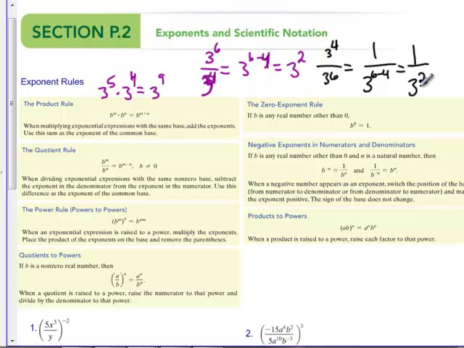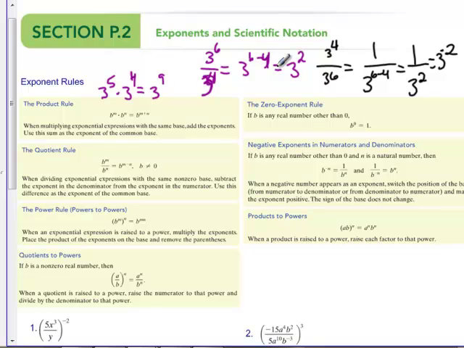Then I can pop this 3 to the 2 to the top and just change the sign of the exponent. So 3 to the negative 2 is the same as 1 over 3 squared. And you can do it either way. If we wanted to put the 3 squared on the bottom for whatever reason, 1 over 3 to the negative 2.